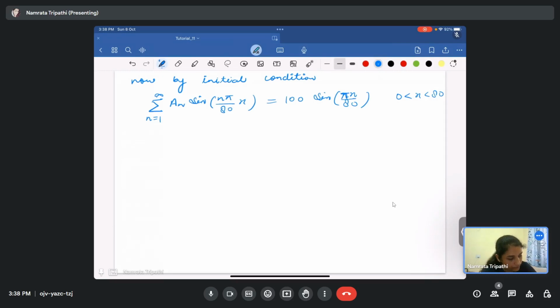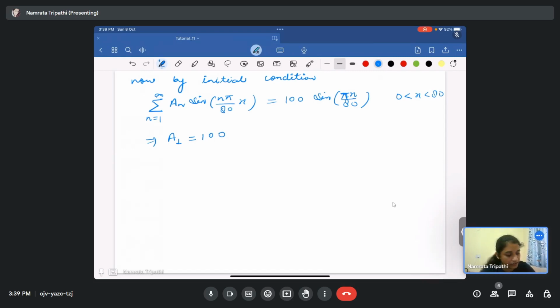If you put n equals 1, then both the right hand side and the left hand side will be equal. So what will be the value of a1? 100, can we write? Comparing both sides, when n equals 1, both sides will be equal.